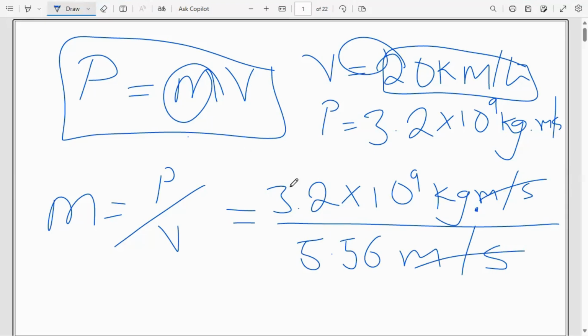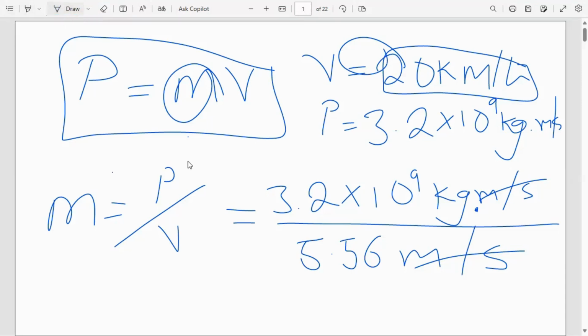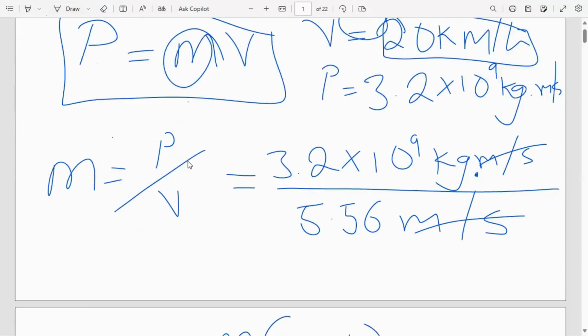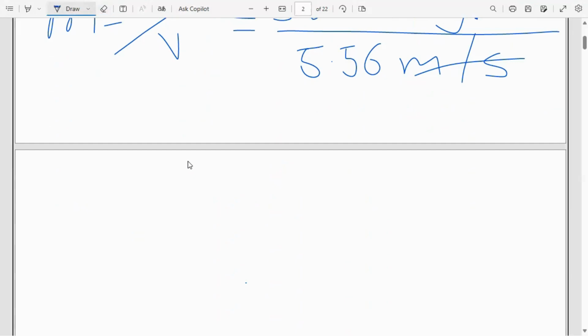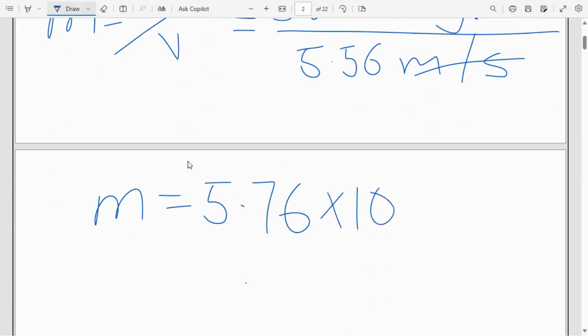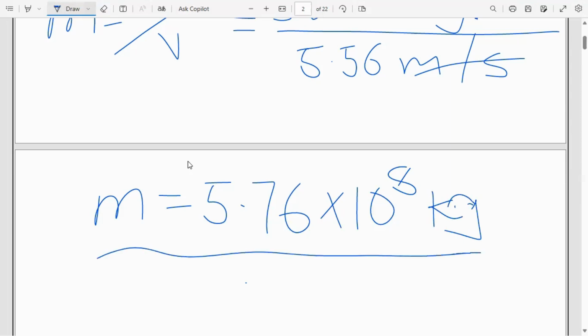If we divide those two now, if we substitute them, we're going to find our mass being equal to 5.76 times 10 to the power 8 kilograms.